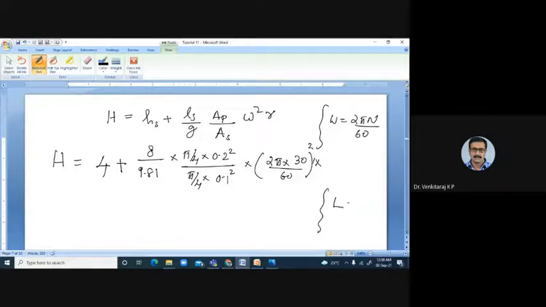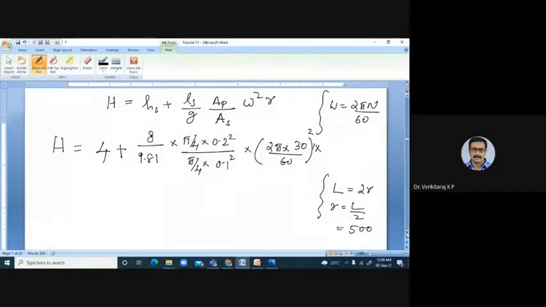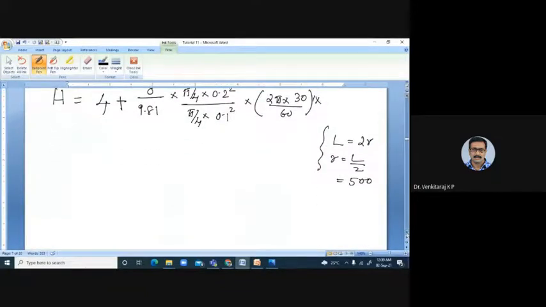So we have stroke length equal to 2r or crank radius equal to L by 2. So it is 500 by 2, 50 mm. So R value equal to 250 mm.